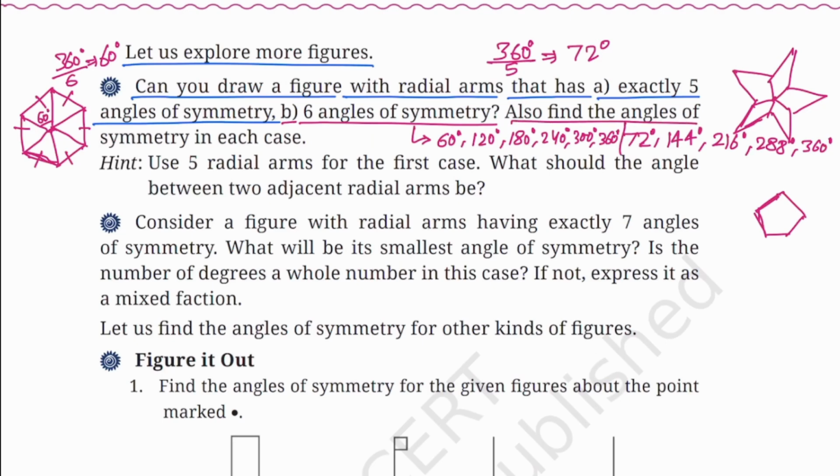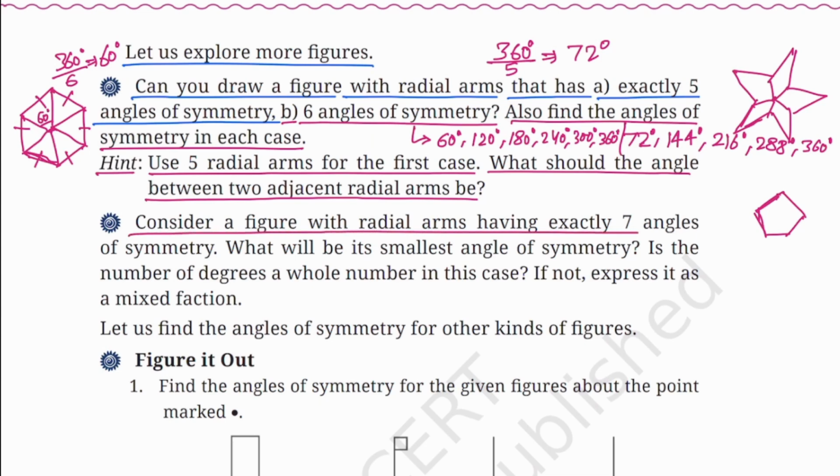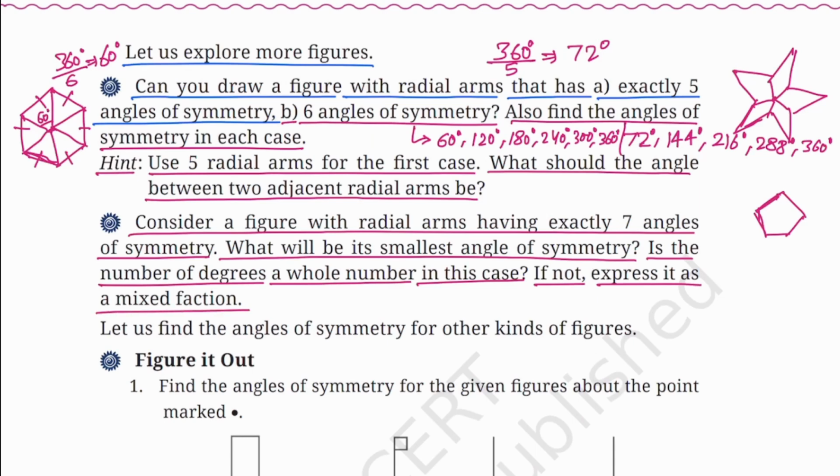Also find the angles of symmetry in each case. I have already found out. Hint: use 5 radial arms for the first case. What should be the angle between two adjacent radial arms be? Consider a figure with radial arms having exactly 7 angles of symmetry. What will be its smallest angle of symmetry? Is the number of degrees a whole number in this case? If not, express it as a mixed fraction.